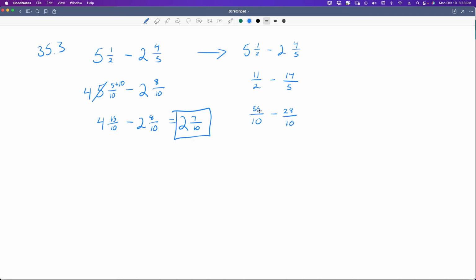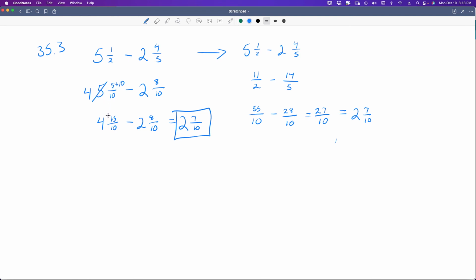So if I subtract 55 minus 28, that is going to be 27 over 10. Well, guess what? If we turn this back into a mixed number, we still have 2 and 7 over 10 because we took 20 away from it.